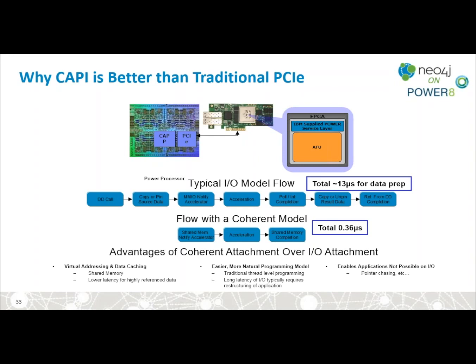Typically, if you have an accelerator without CAPI, there is a lot of setup needed for moving the data from the processor to the accelerator engine. CAPI removes this overhead. So accelerators participate in handling locks and accessing memory like a normal processor thread. That is a significant advantage in attaching an external device or accelerator via CAPI versus just a simple PCIe connection.